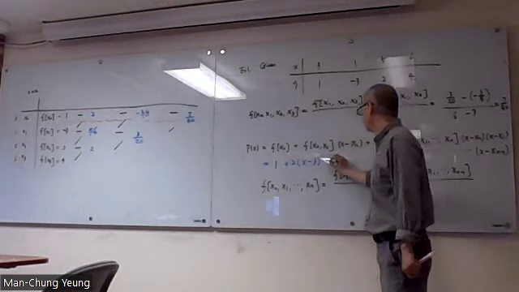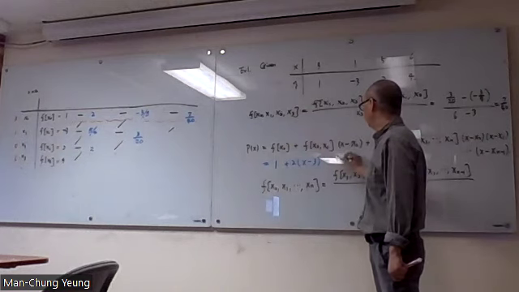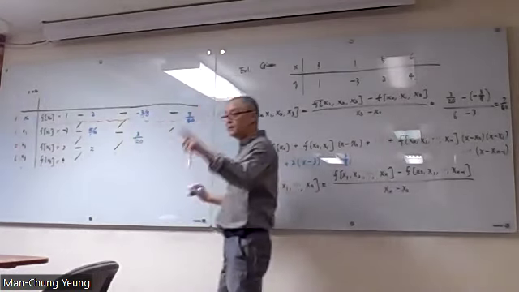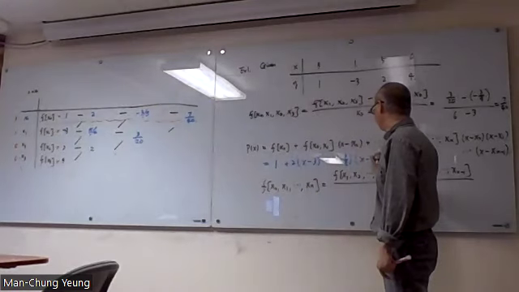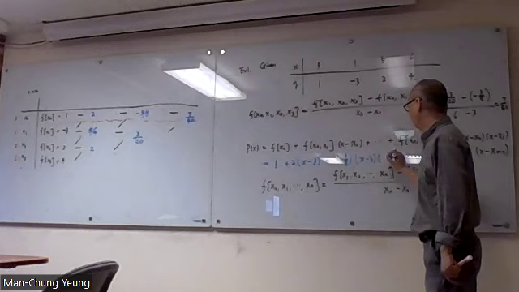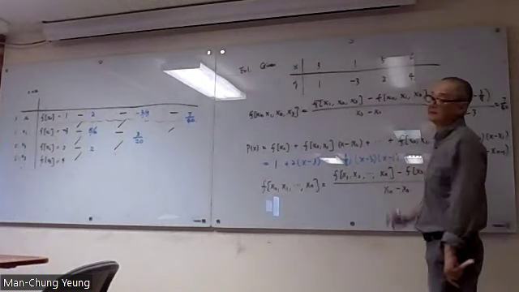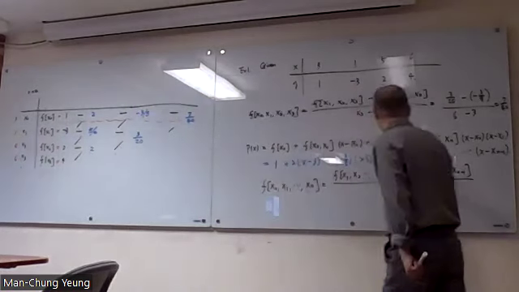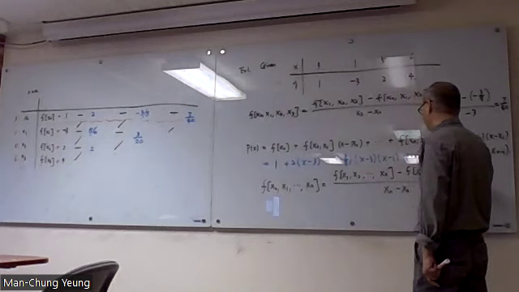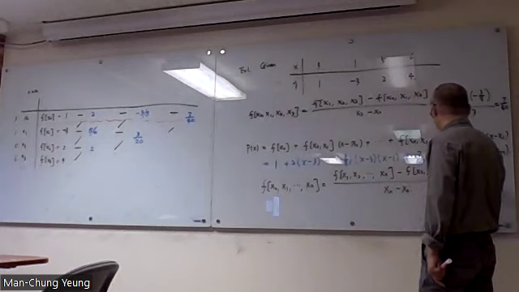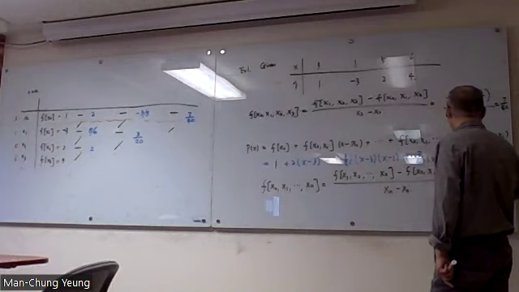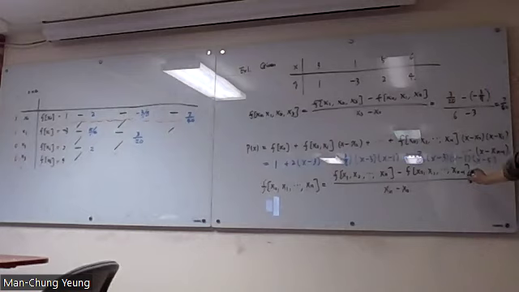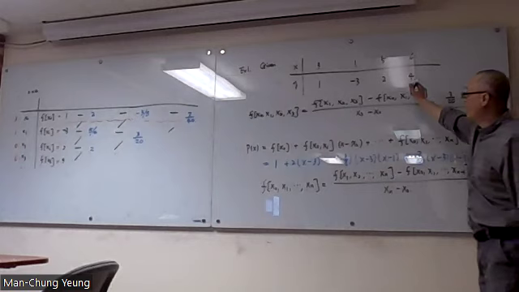Now, plus negative 3/8 times x minus x0, x minus 3, times x minus x1, x minus 1. Then plus this number, 7/40, times x minus x0, 3, x minus x1, then x minus x2, 5. Then this polynomial passes all the data points.